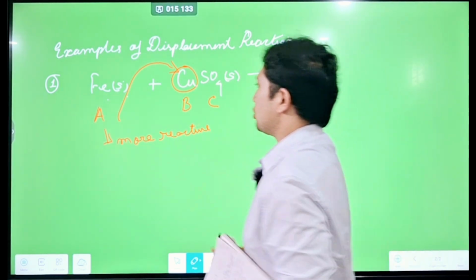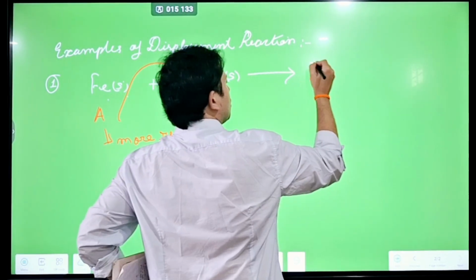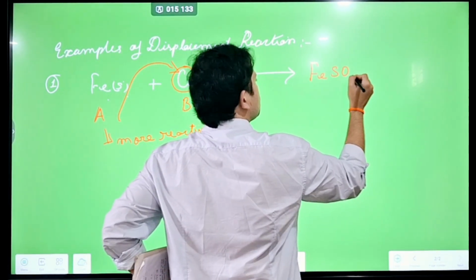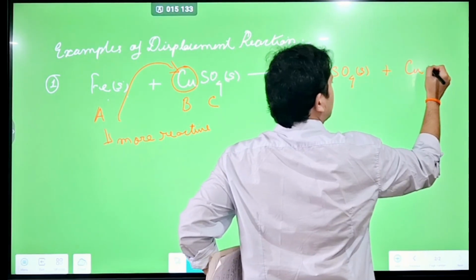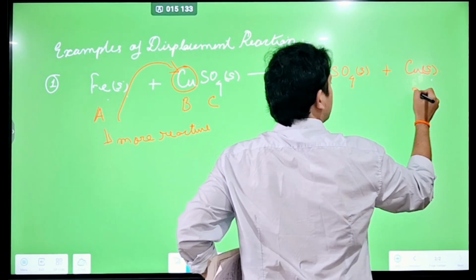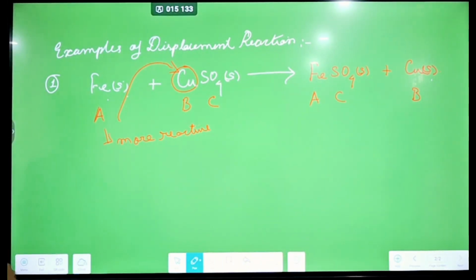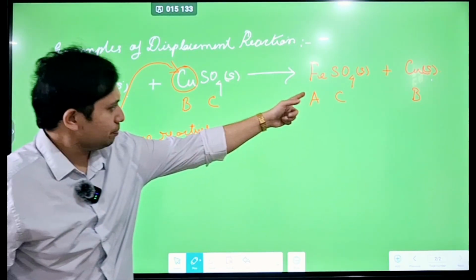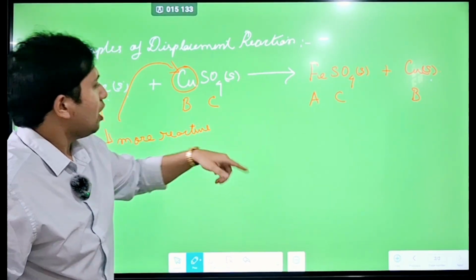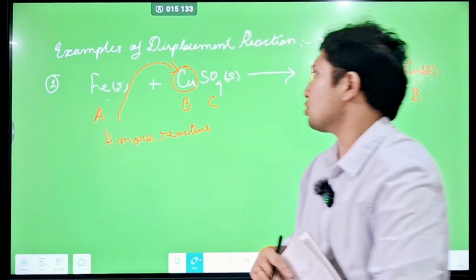So in this reaction we will see iron getting a hold of sulfate. So FeSO4, which is a solid, plus Cu, just like we discussed in the general formula. A is more reactive than B, so A has taken C and B is now alone. So this is a displacement reaction.